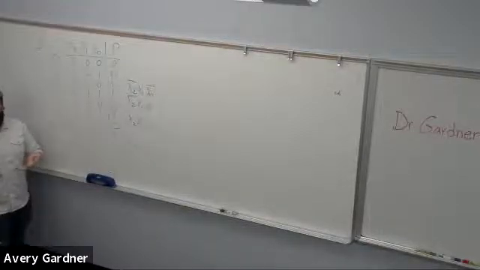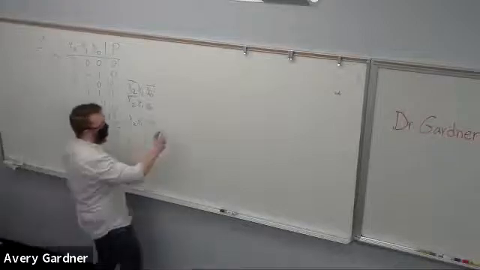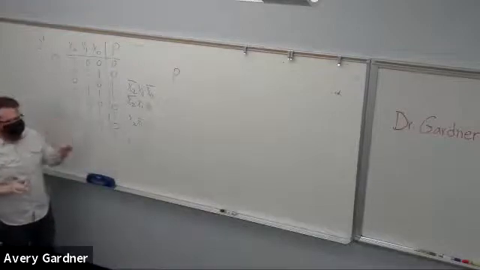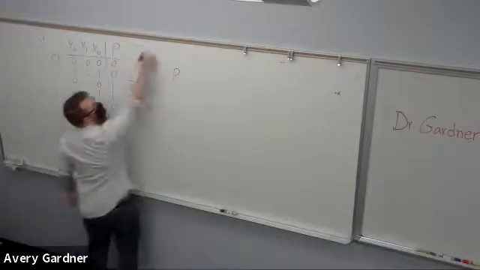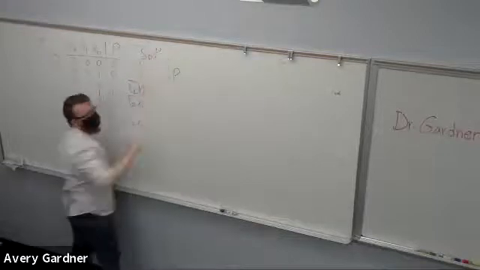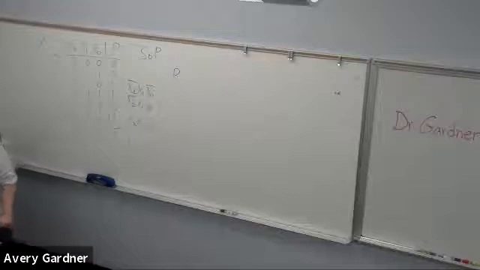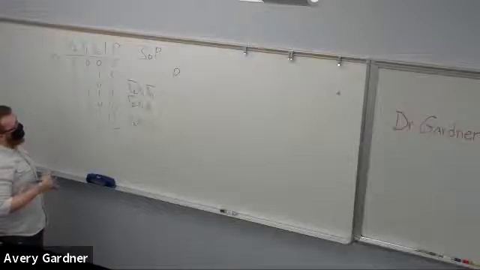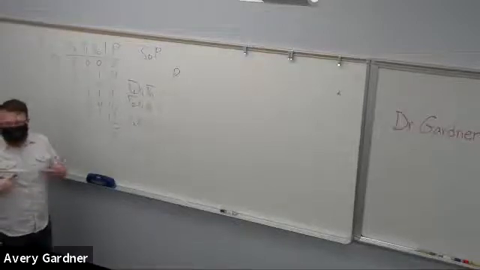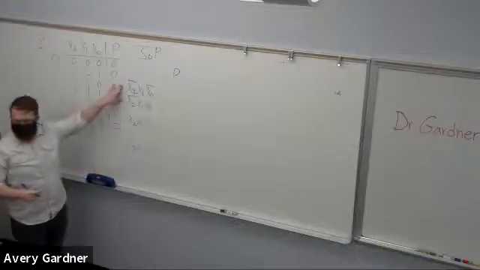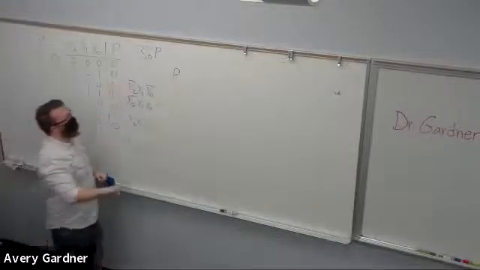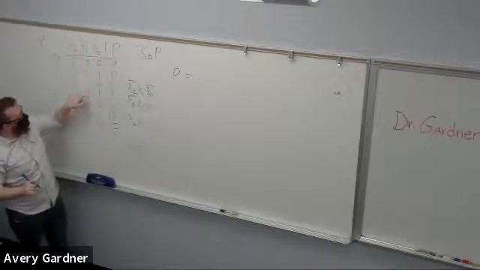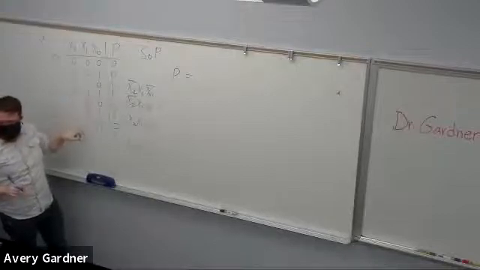Okay. So now what we can say is that prime, or P, new vocabulary term, is the sum of these products. Sum of products. Okay. So what that means is we're going to OR all of these terms together, all of the min terms together, because prime is true if this or this or this or this is true.